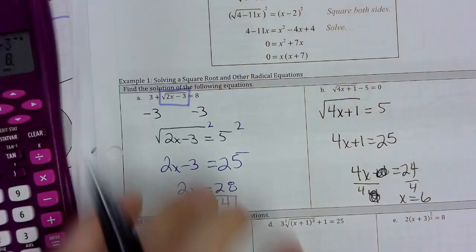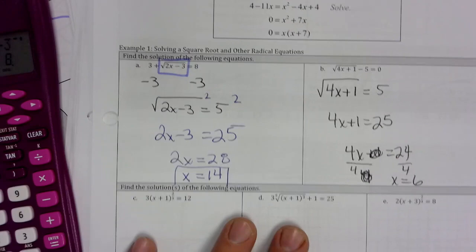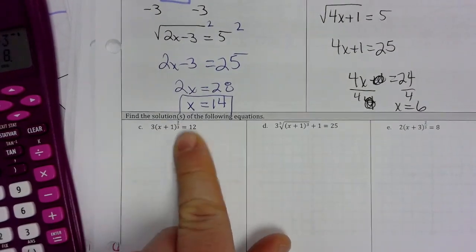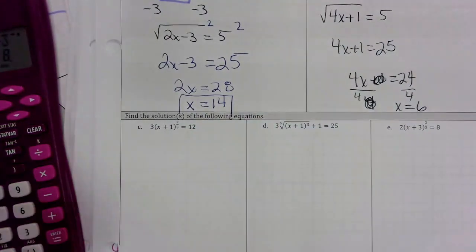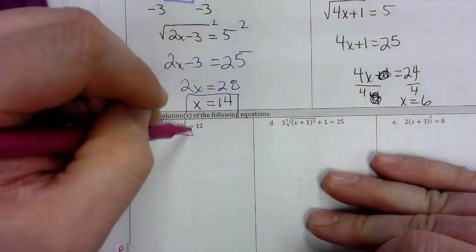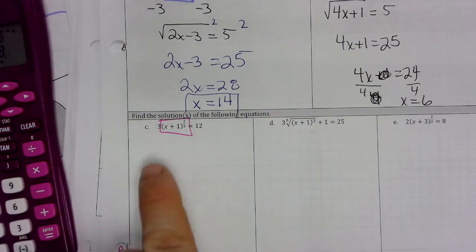Now notice, students, it's asking me to check for extraneous solutions. What that means is if I take this and plug it into the original problem, is this a true statement? Negative 6 plus 7 is 1, minus 5 is negative 6.